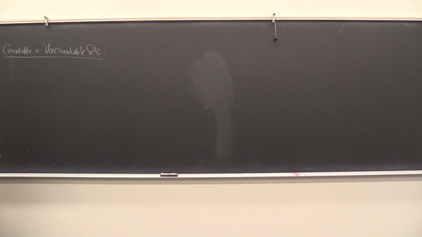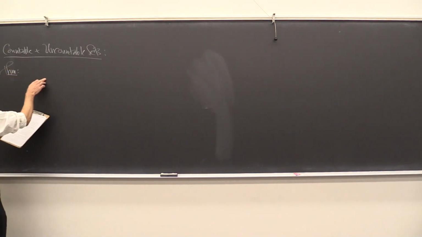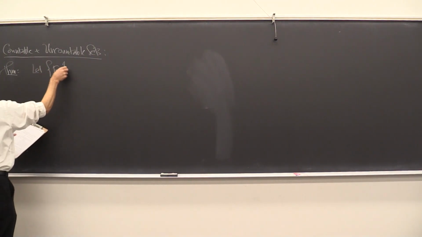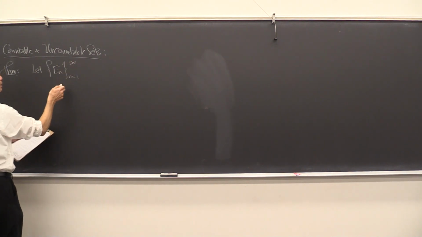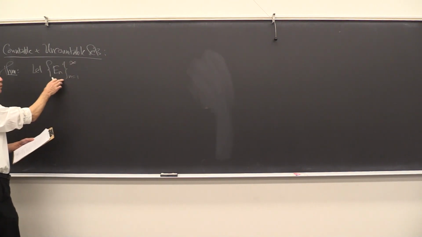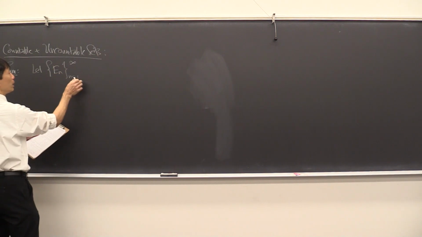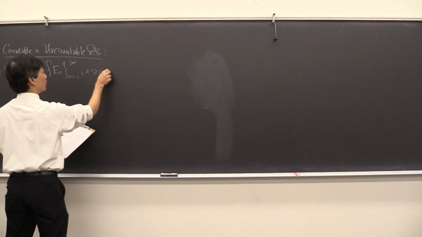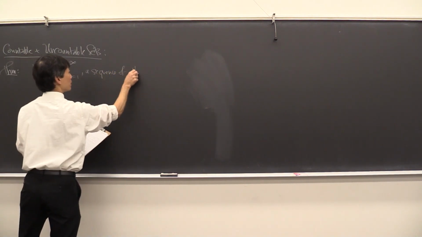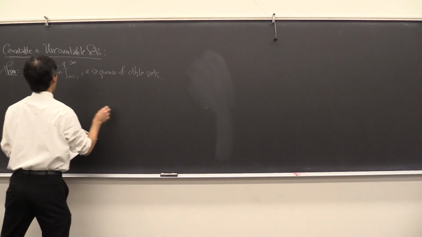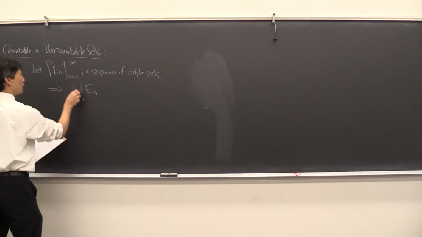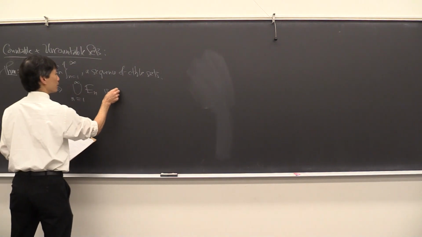The first thing we're going to show is the following theorem. If you have a sequence, so you have a set of sets, E sub n, E1 through infinity, which is a sequence of countable sets, then the claim is that if you take the union of all these sets, then this is also countable.